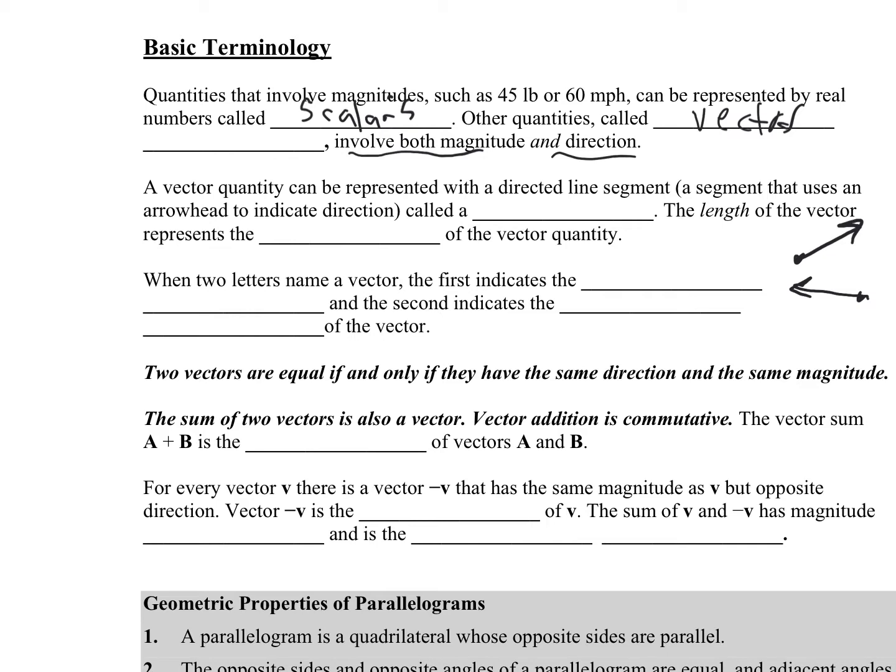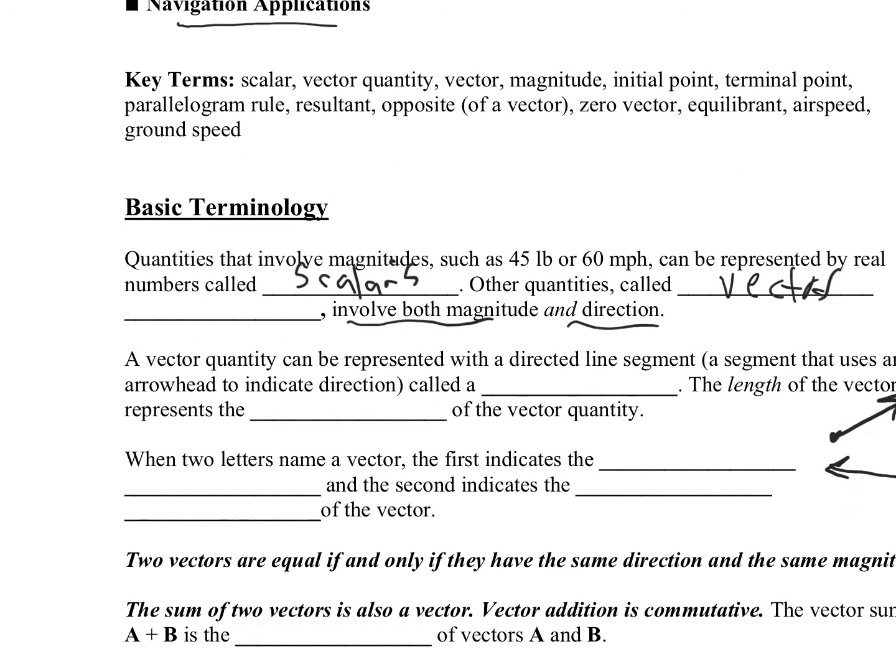What do you call the arrow? Let me see the words up there. Well, I know we're going to have an initial point and a terminal point, but those will go down here.